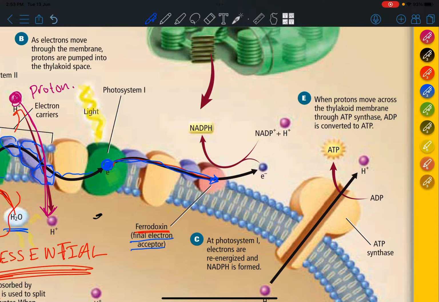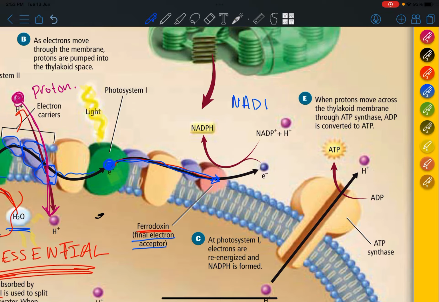What happens at ferredoxin is we have NADP+, okay? NADP+ is a compound. Once I add a hydrogen to NADP+, it becomes NADPH, and I have to add an electron, and that will add a proton. So ferredoxin transfers these electrons to NADP+.